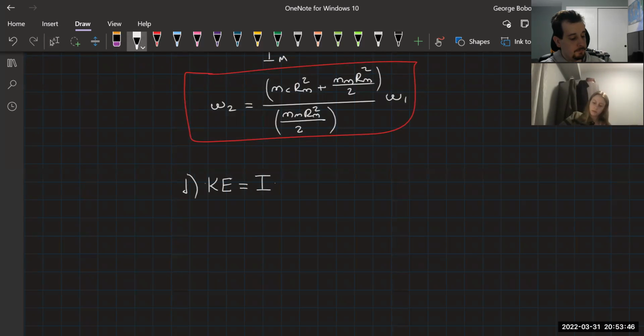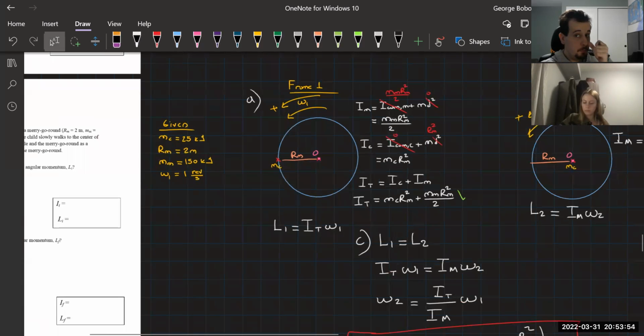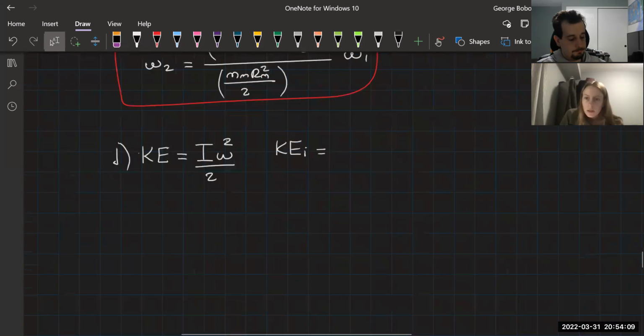Uh-huh. So in the beginning, we have both of them moving at omega 1. How would you describe the total kinetic energy of the system? Inertia total omega 1 squared over 2. Good.